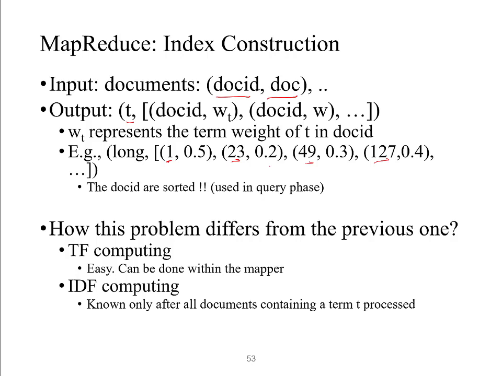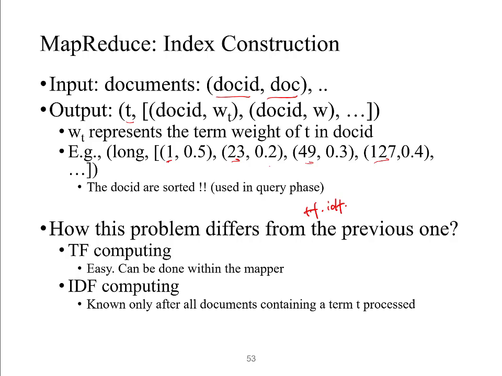So how does this problem differ from the previous one? Basically, the whole difference is about the TF-IDF. We need to compute TF and IDF within this whole MapReduce procedure. Computing TF is kind of easy, because the term frequency corresponds to only one document, and one document will only be processed by one executor.